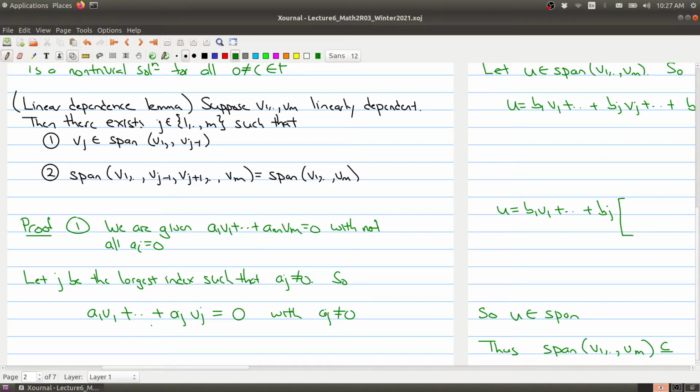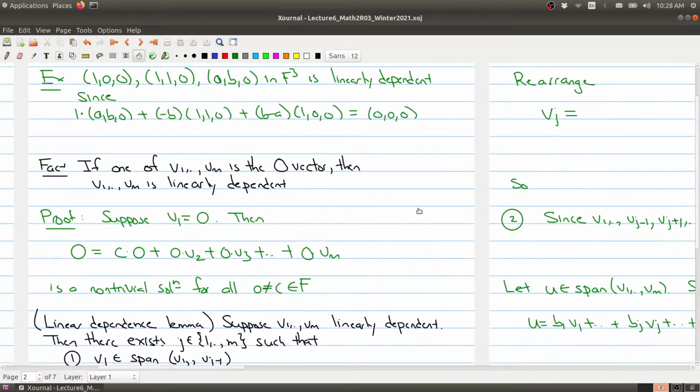So we can rearrange this equation. We can take all the terms on the left-hand side and move them to the right-hand side, but we're going to keep the vj on the left-hand side. Okay, so that's what I'm going to do over here.